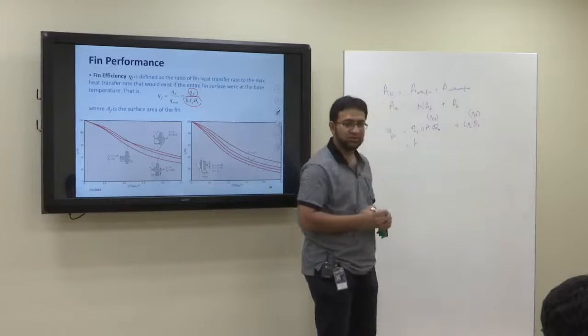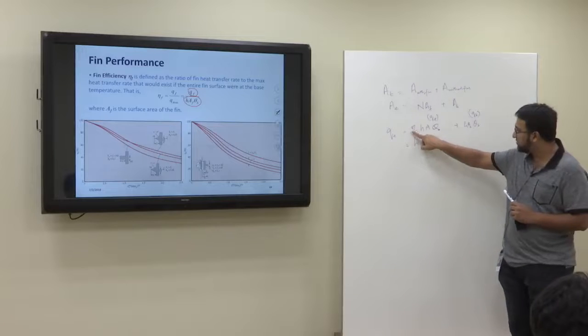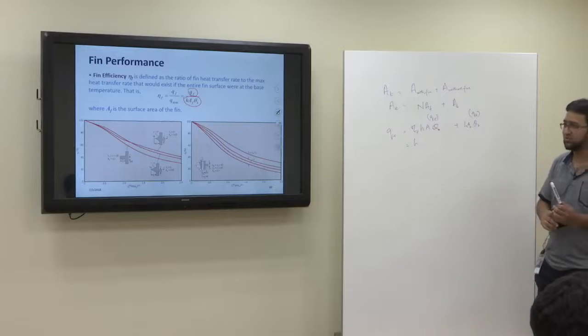So I can write it here like this. Is it clear? Okay. So now because of the efficiency I used, this is the Q max multiplied by the efficiency.